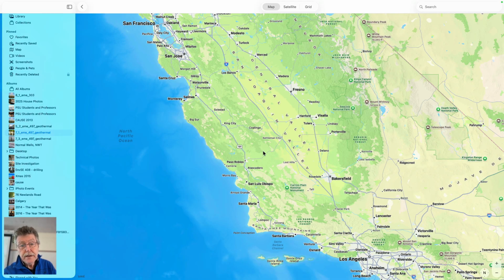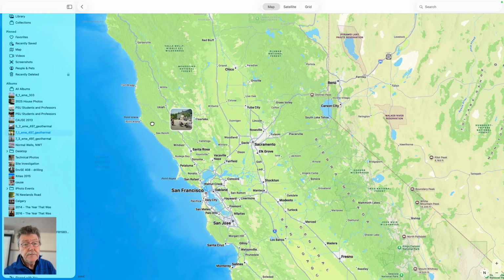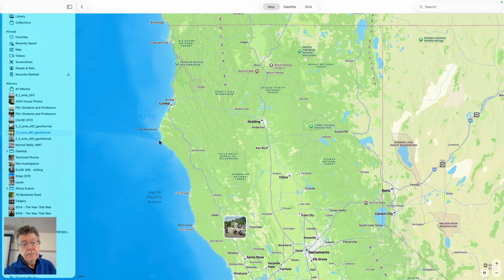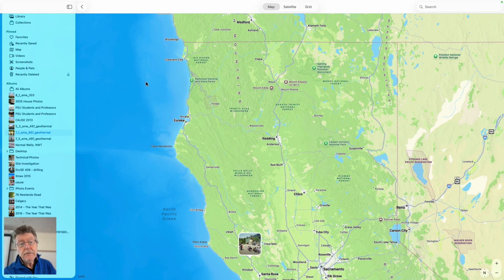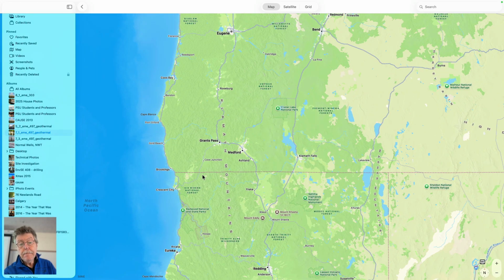So it runs up through here, goes offshore in San Francisco, cuts off here at Point Reyes, then carries on a strike slip fault up here, and then close to Mendocino, it's still strike slip, but north of here, it's a subduction zone. So the Pacific Plate is subducting underneath the coast of Oregon and Washington and British Columbia.